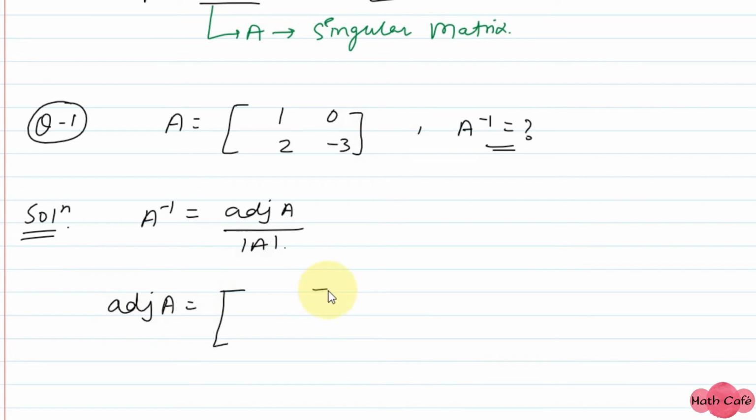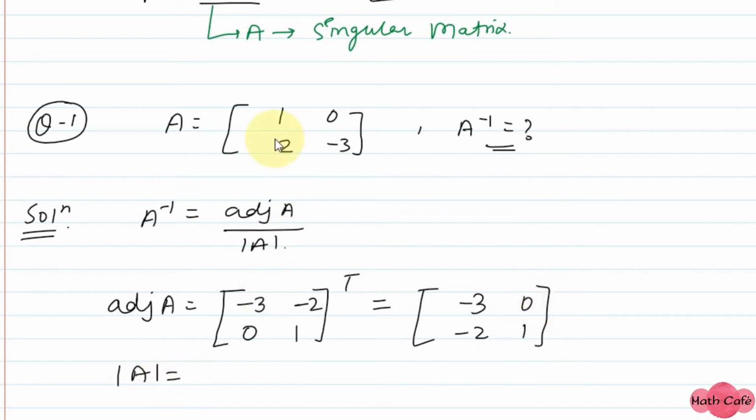The cofactors are minus 3, minus 2, 0, and 1. So finally we get adjoint of A as minus 3, minus 2, 0 and 1.